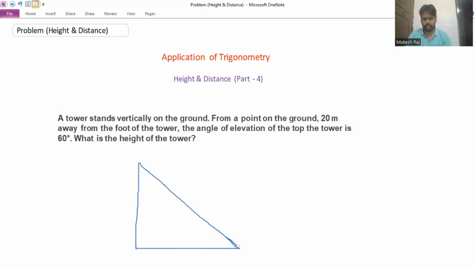Suppose this is the point. Let's assume that this is the point P, which is 20 meters away from the foot of the tower.